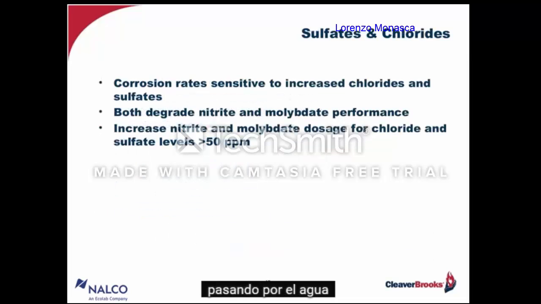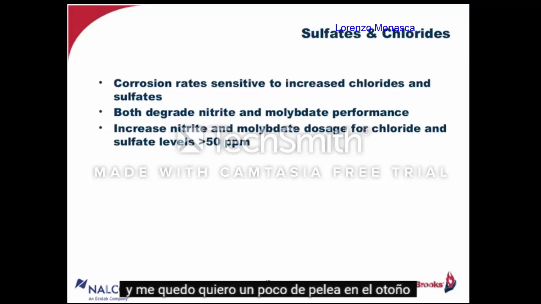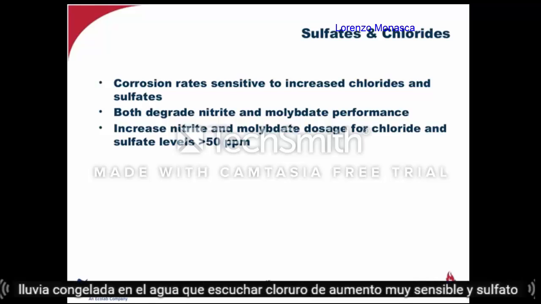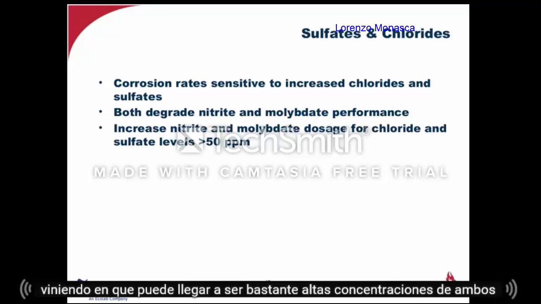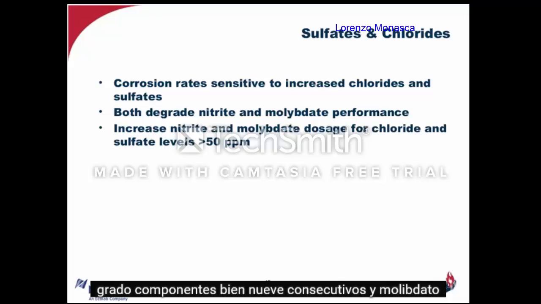So going on, we're still on hot water, and I just want to say a little bit about sulfates and chlorides. Corrosion rates in these hot water boiler systems are very sensitive to increased chlorides and sulfates. And again, you're talking about basically a closed loop here. So if you've got considerable makeup coming in, you can get fairly high concentrations of both of these components.